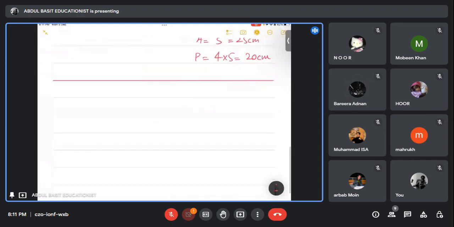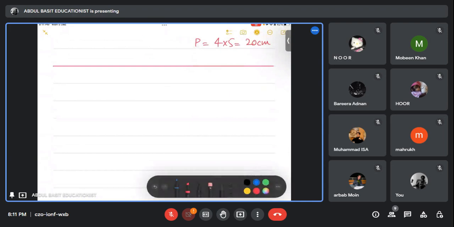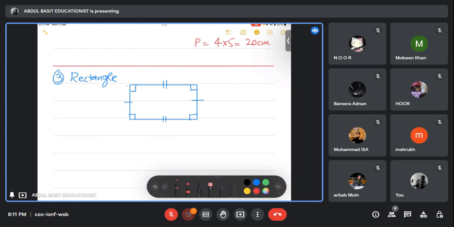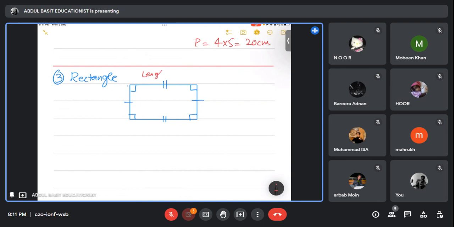Good job. Okay, the third shape is a rectangle. What is a rectangle? It is also a quadrilateral, meaning a four-sided figure, and it has all angles of 90 degrees like a square, but the difference is that the opposite sides are equal. The largest side is called the length, and that is known as the width or breadth of the rectangle.